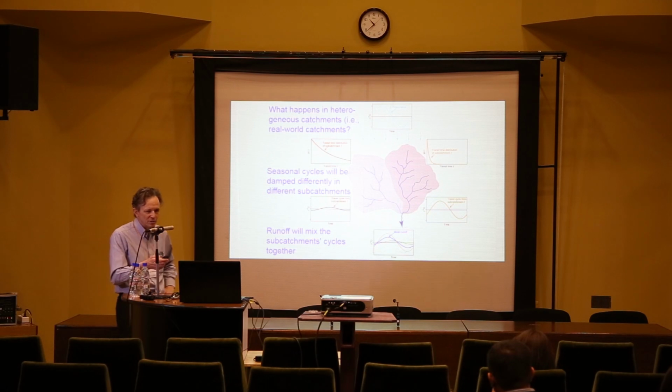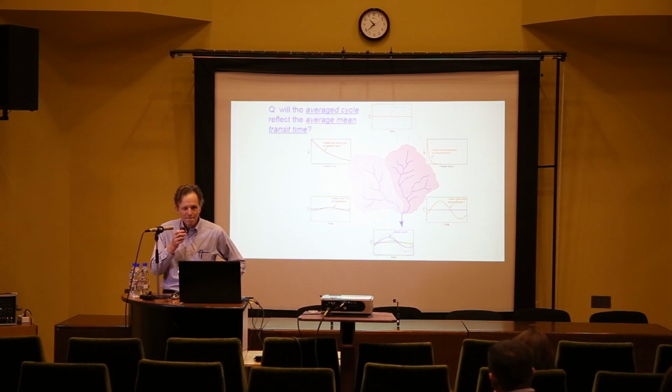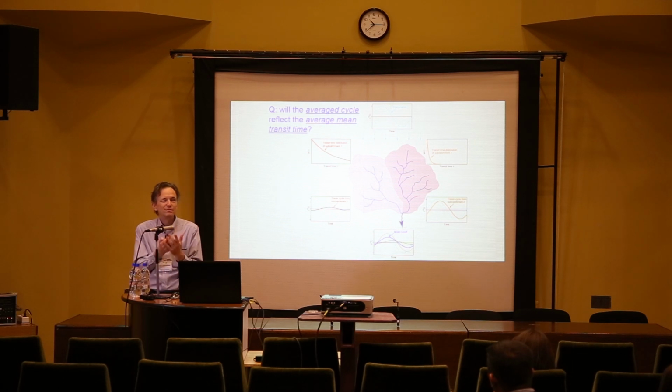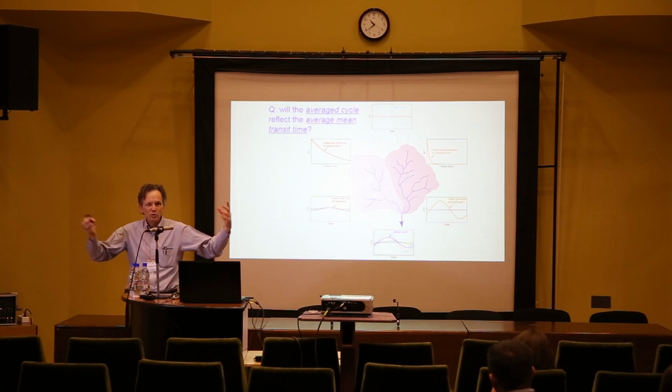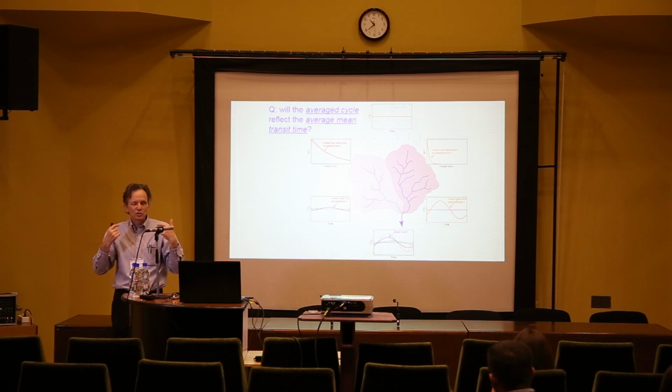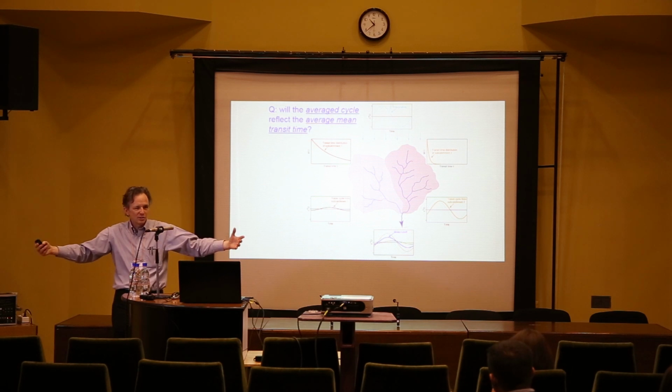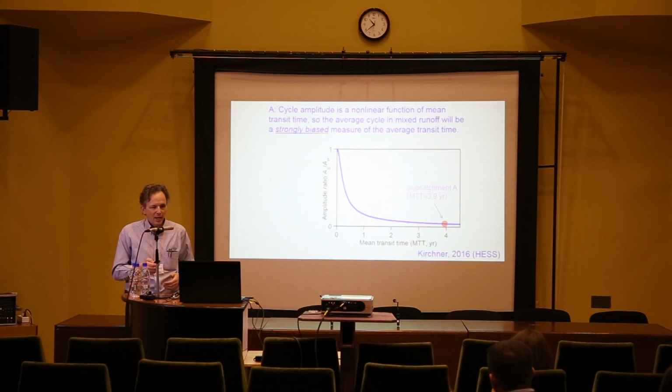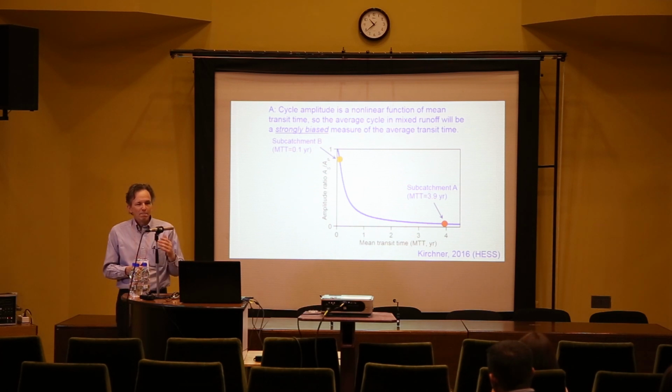And so the question is, if you take this mixed runoff, which is all you ever have, you never have the individual pieces, you only have the mixtures, will you correctly calculate the average transit time of the entire system? The answer is you will not calculate the correct average. You'll get a strongly biased result, and here's why.